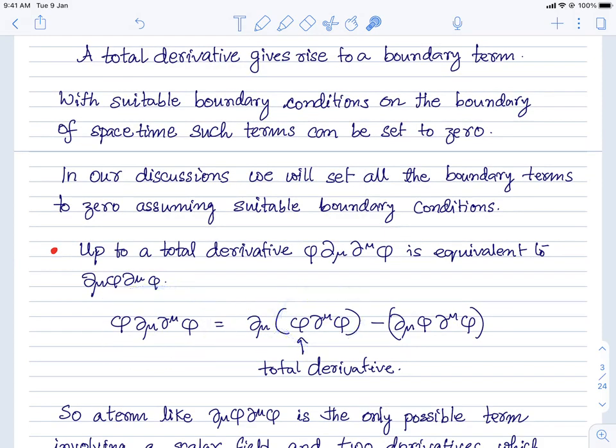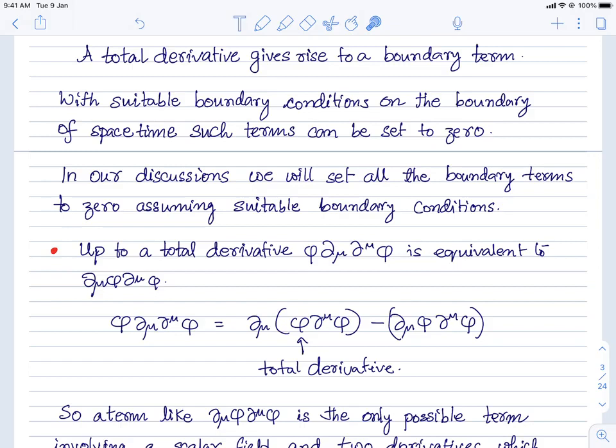So there will be two terms where the del mu acts on phi, where this will be exactly cancelled by this one. And then there's a del mu acting on this phi, where I'll get back this term. Now this is a total derivative. Again, for reasons that I mentioned, this is not going to be the kind of term that we will care about.